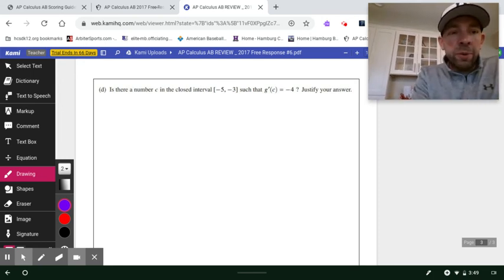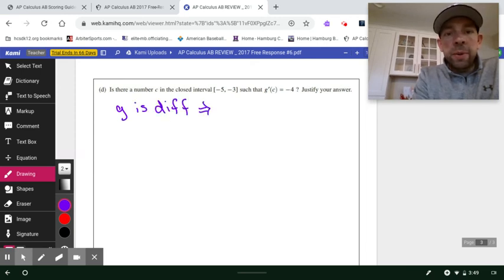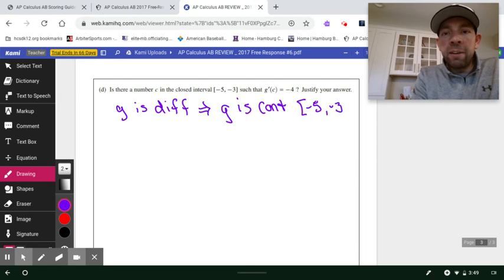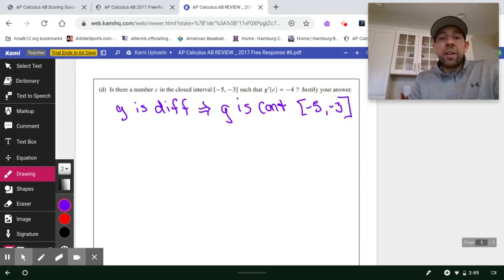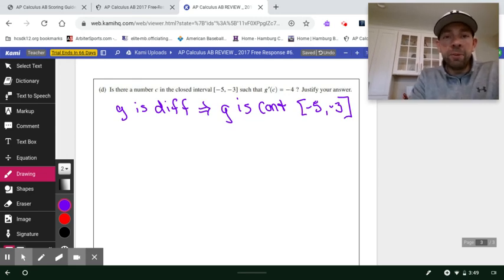The first thing we want to clarify is G is differentiable, which implies that G is continuous over that closed interval from negative 5 to negative 3.